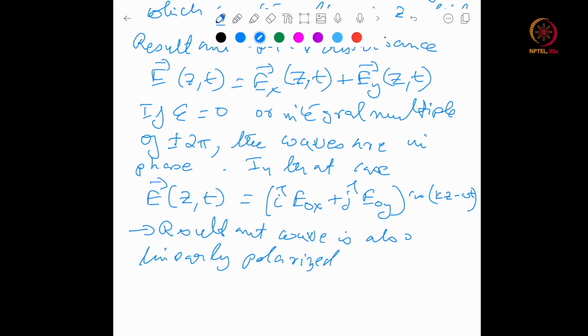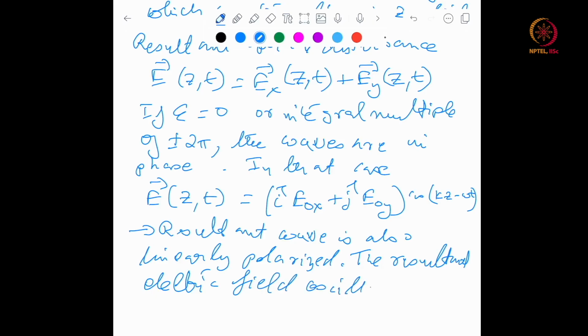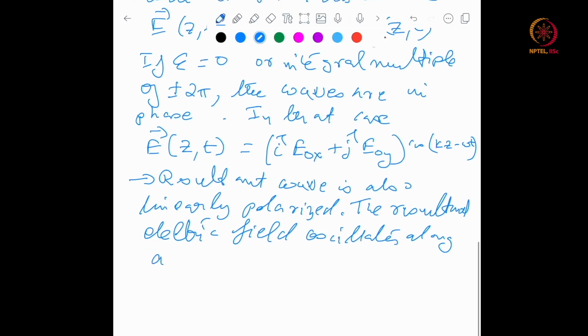And the resultant electric field oscillates along a tilted line. So that is what you get at the end of the day.